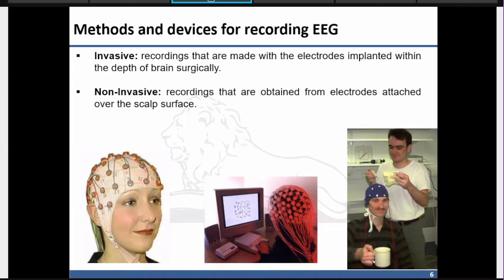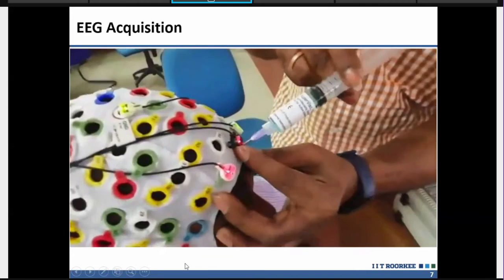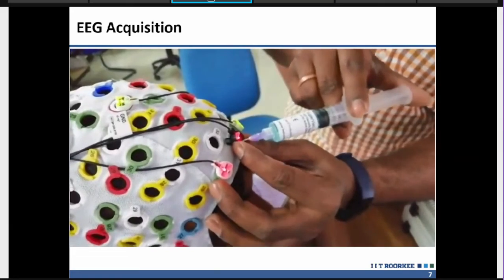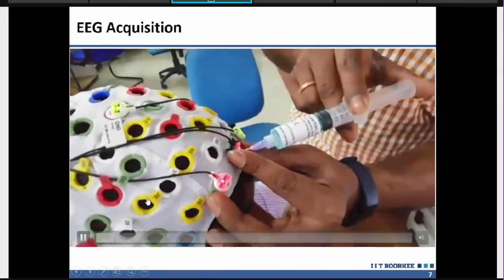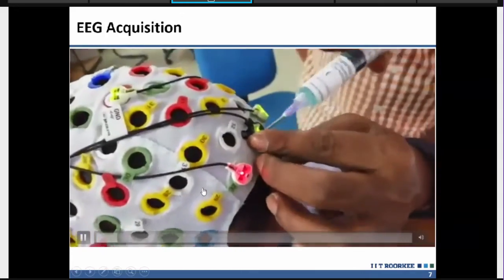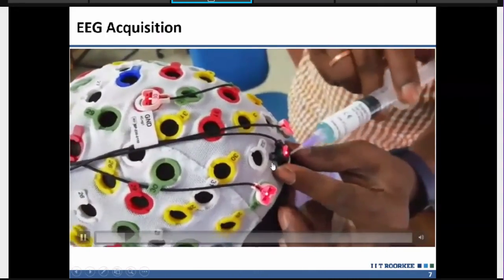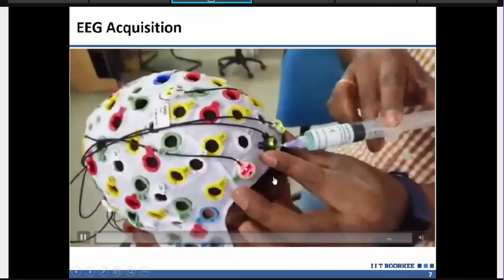Okay. So I show you one device from our lab. We have the device sensor of 160 electrodes. And you see this student is connecting these electrodes to the user by some gel.